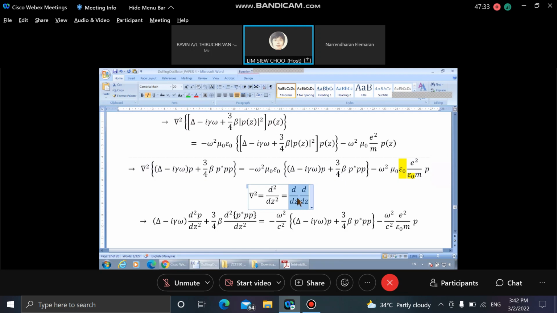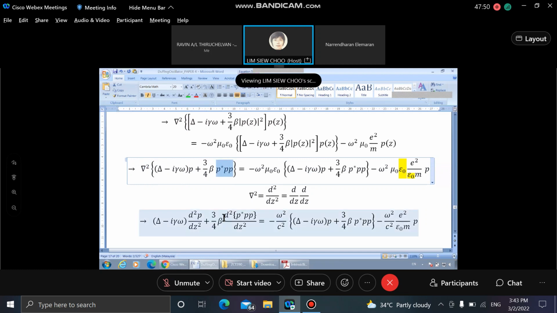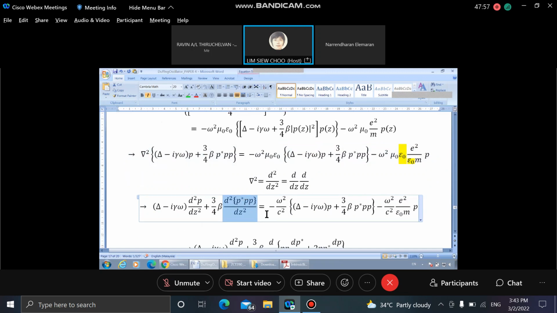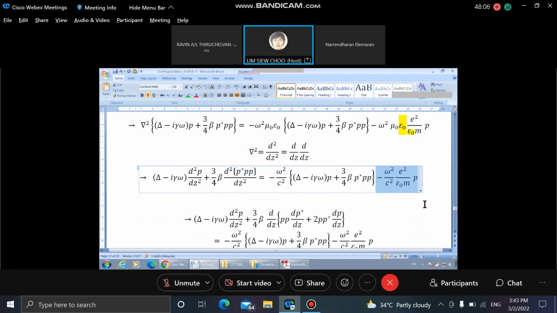So if we replace del square with this, we have this. This one operating on here is d square p over dz square. This one operating on this, you have this. The triple p is inside the curly bracket, and this term doesn't change. This term also doesn't change. So is it okay? So far so good.